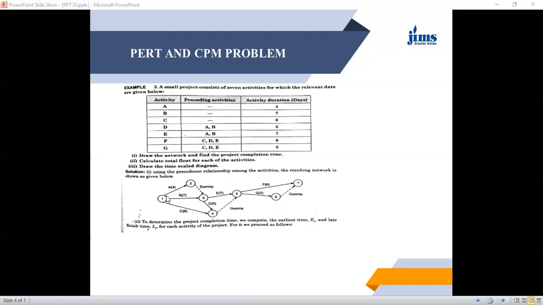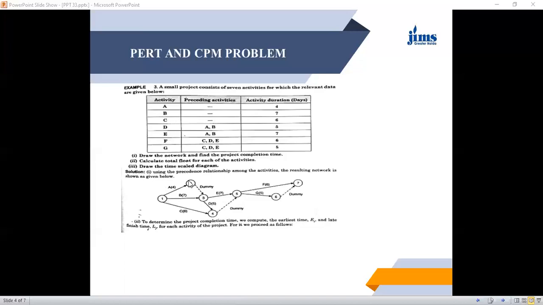Sometimes it is also said 0, because 0 period means this is the starting period. So 1 is the first node, second is the second node, and between 1 and 2 is the activity A, which has a duration of 4 days, it is given here.